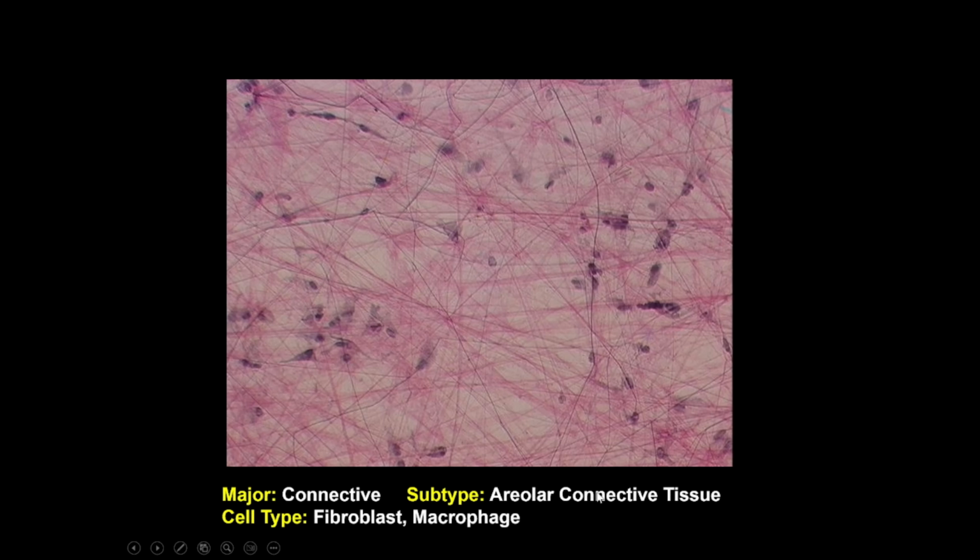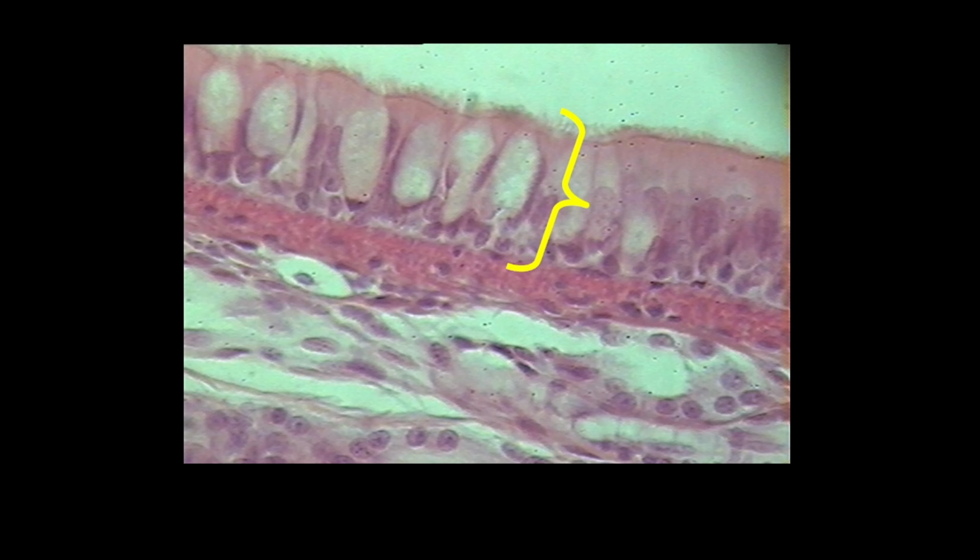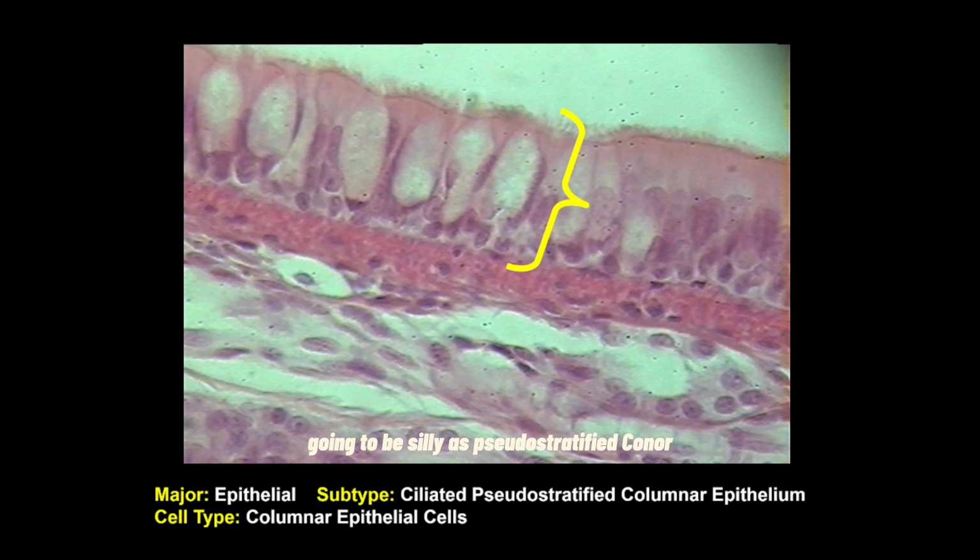Okay, this is areolar. It kind of looks like a bunch of spider webs, in my opinion. That's how I know it. It's areolar connective tissue. Okay, and then this is going to be ciliated pseudostratified columnar epithelium. This one is going to be the hardest just because it's so long.